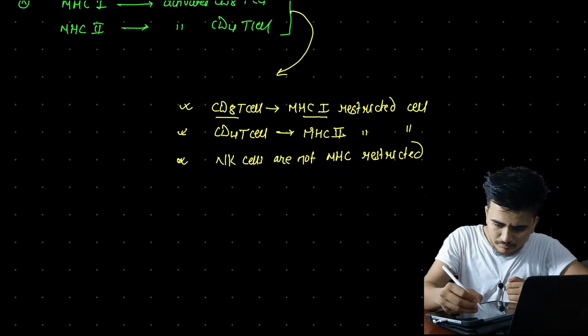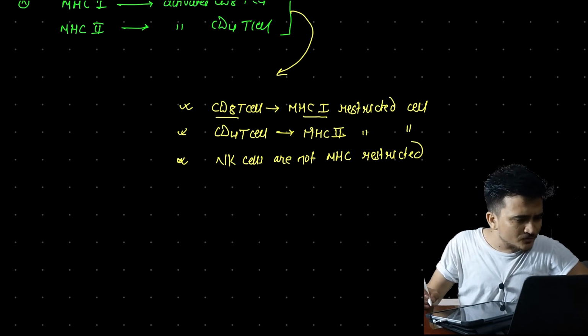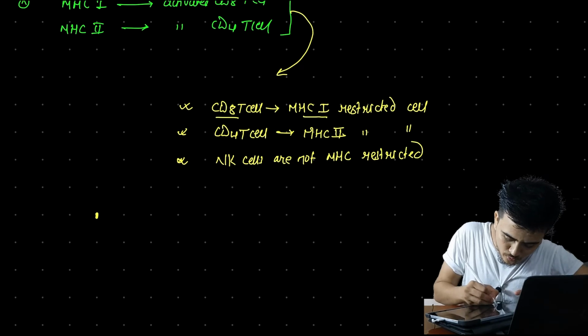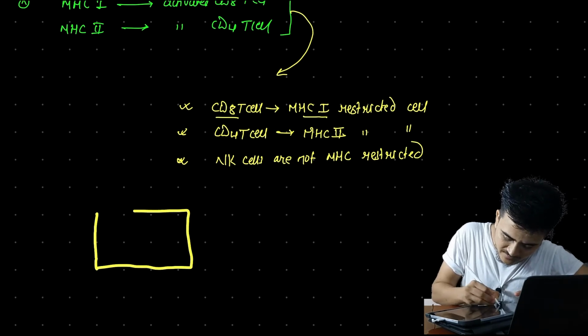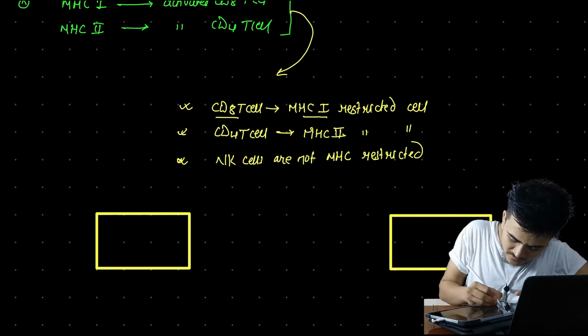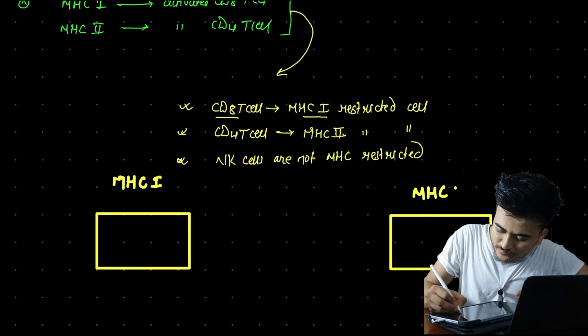Okay, let us push ourselves a bit further. We're talking about the different points of MHC. The thing that we need to know is about MHC1 and MHC2 classes of MHCs. Let's say this is MHC1 and this is MHC2. Okay, I'm writing here MHC class 1 and MHC type 2.